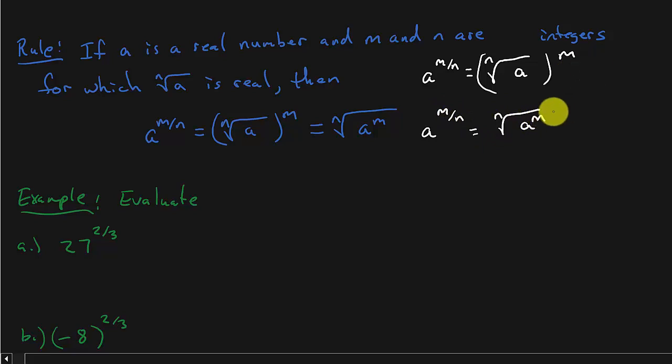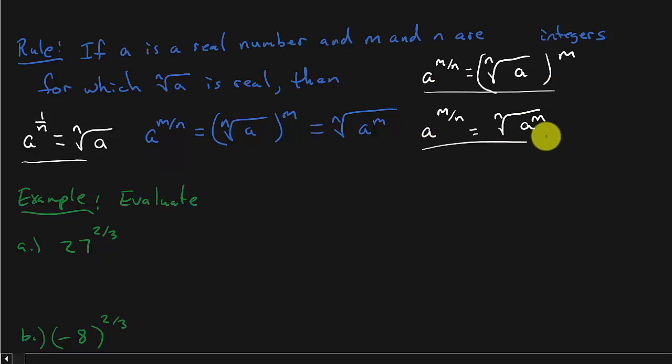And then don't forget from the previous example, we also have this. These are your formulas right here to go from exponential to radical form and radical form to exponential form. Now as far as these two go, you might be thinking, which one do I use?